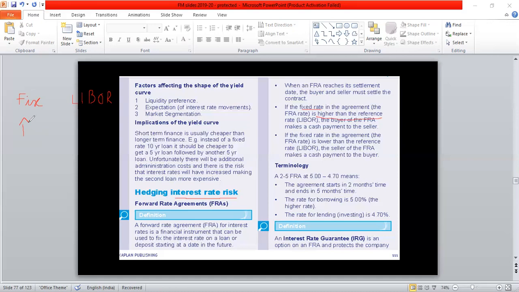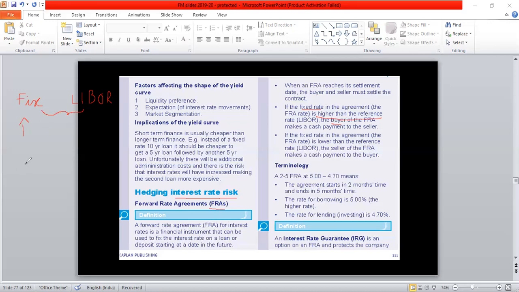So whoever is the buyer of this FRA, because the buyer will be under an obligation to make the payment to the seller. So the buyer will pay the difference between the fixed and the LIBOR, because fixed is higher, the difference will be paid by the buyer.